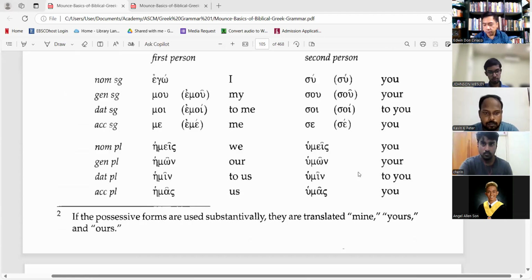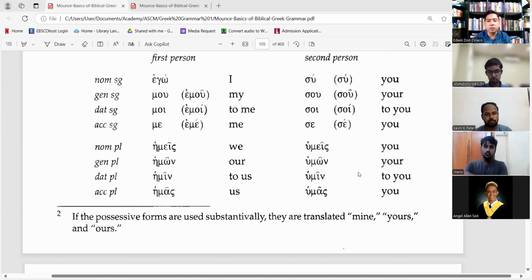And in Greek, there is a singular and a plural you. So: ego, emou, emoi, eme. And then su, sou, soi, se. And then look at the nominative plural.